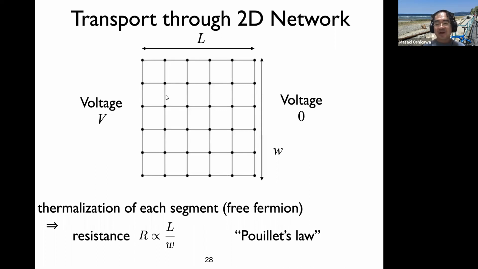So for a symmetric scatterer, the vertical current cancels out. So the non-zero current is all horizontal. So you can easily derive this. Thank you.